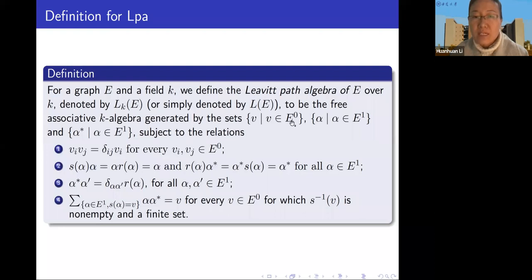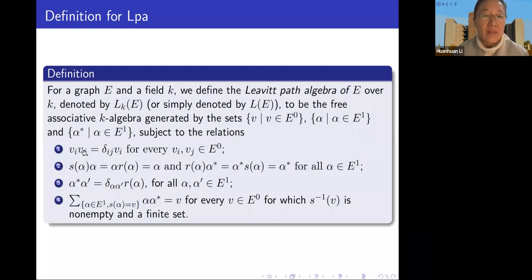The first set is the vertex set of the graph E, that is E^0. The second set is the edge set of the graph E, E^1. And also for each edge alpha in E^1, we have a symbol we denote by alpha star. We call these star edges. These are the generators, and we also need the following relations.